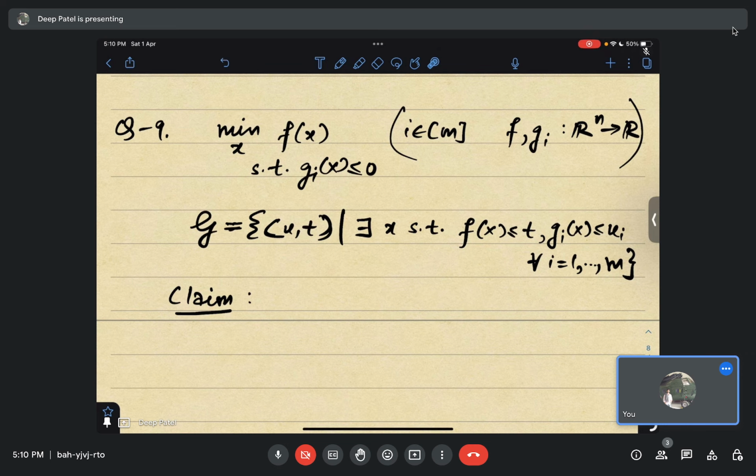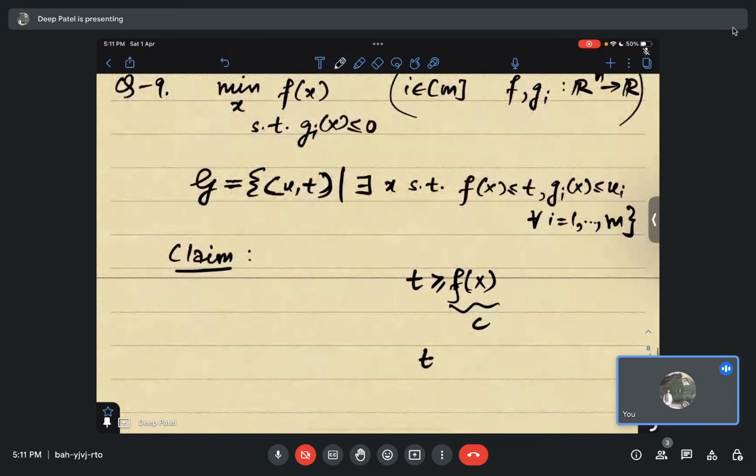I think you are saying a norm cone. So you are saying t greater than f of x is some constant, a set t such that t is greater than c.